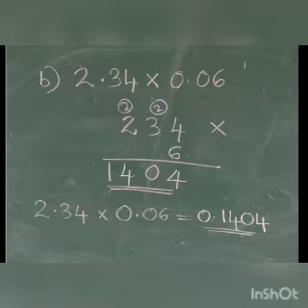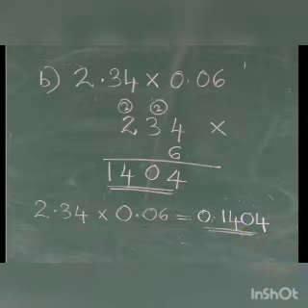So 2.34 into 0.06. In the product, you have to count how many places? 4 places. So 1, 2, 3, 4. So where will we place the point? Before 1.